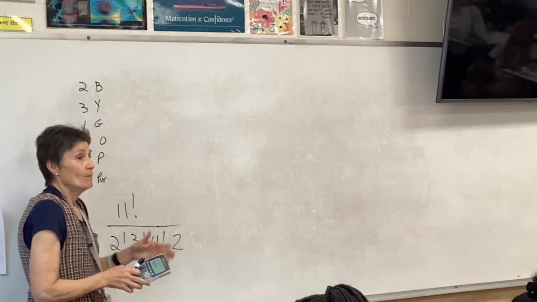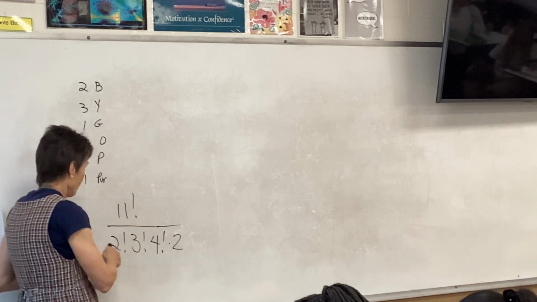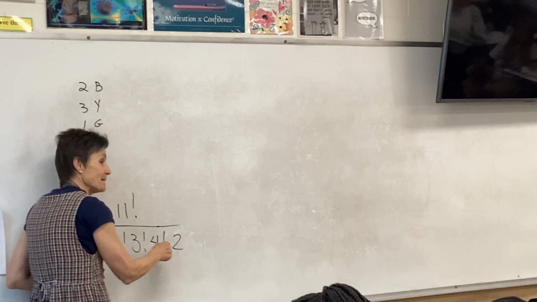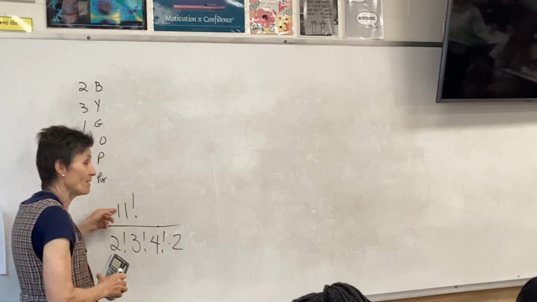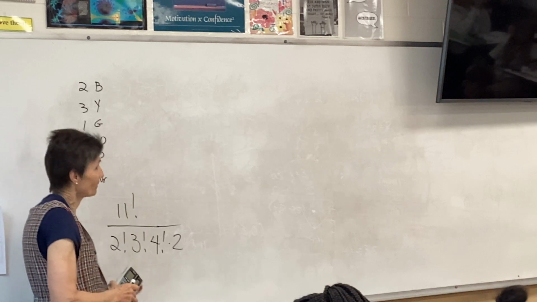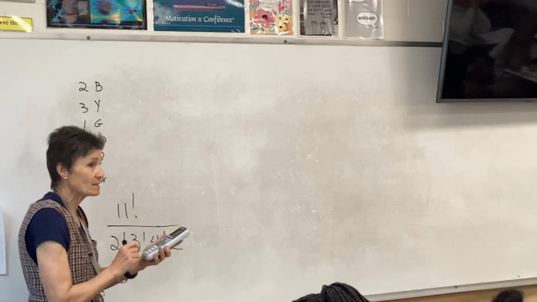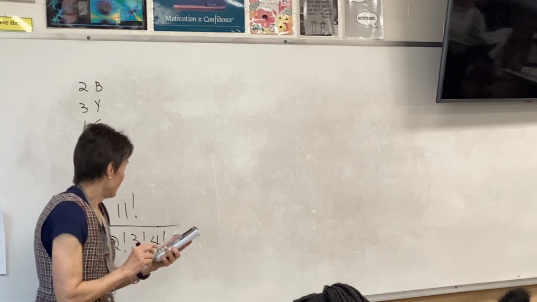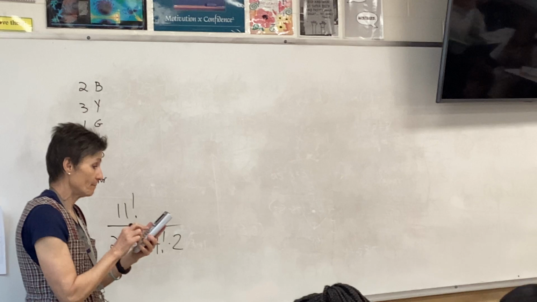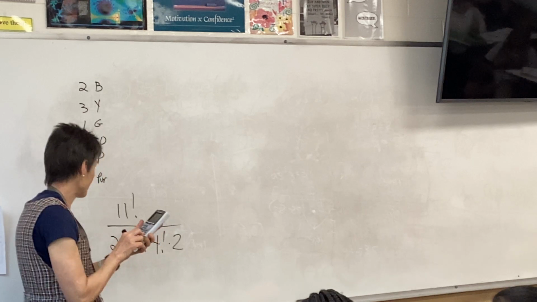Remembering that we either put this in parentheses or we divide by each of these individually. So 11 factorial divided by 2 factorial divided by 3 factorial divided by 4 factorial divided by 2. Either way is fine. And either way is kind of a pain, but it is what it is.